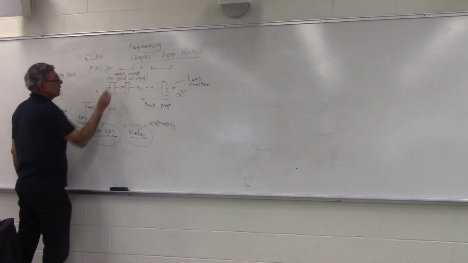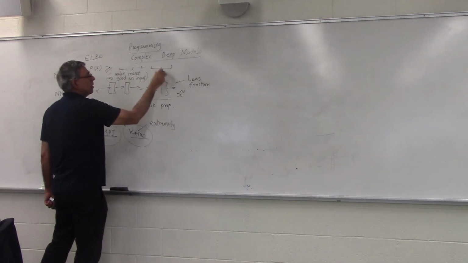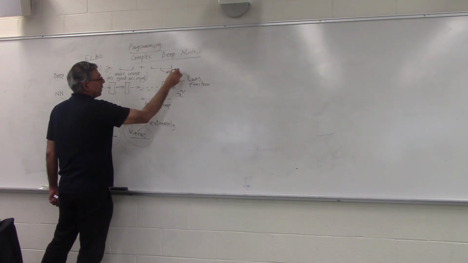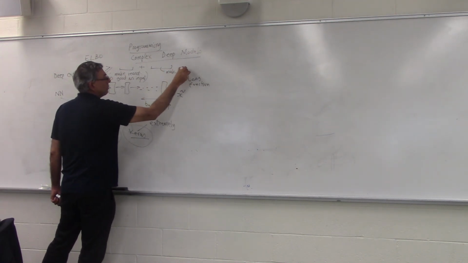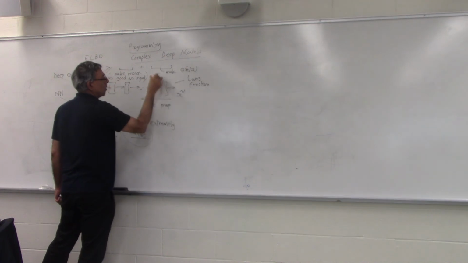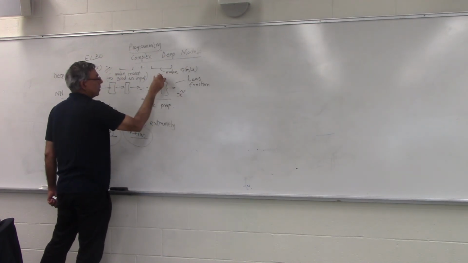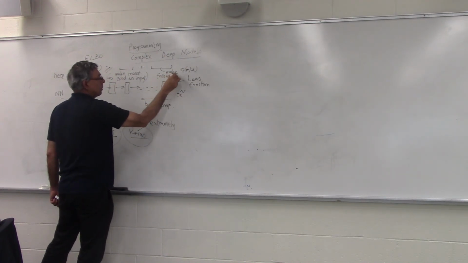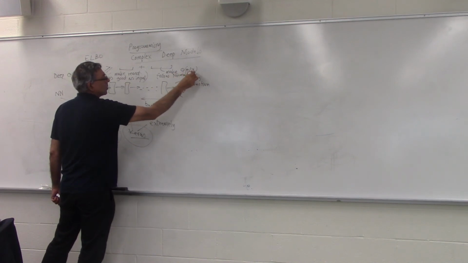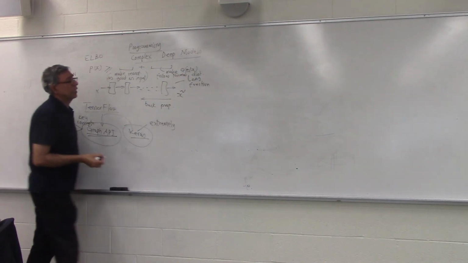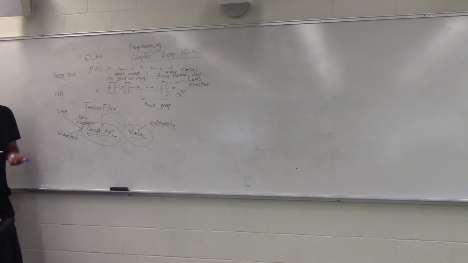What was the second term trying to do? Fitting into the normal distribution, I mean, making Q of z given x follow a normal distribution, so that we can sample from it later on and generate artificial data.